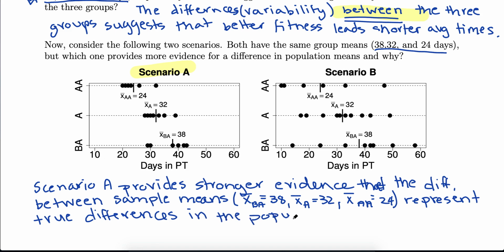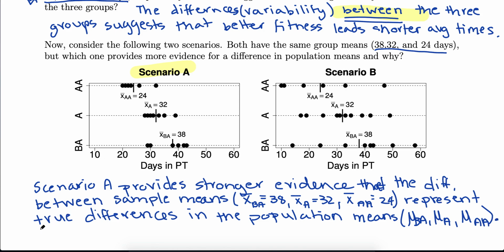And remember our notation here for population means. We used mu to represent the mean of a population, and we can just add subscripts: mu with a subscript of BA for below average, mu with A for average, and mu with AA for above average. So this one provides stronger evidence that the differences between our sample means reflect differences in the population means.